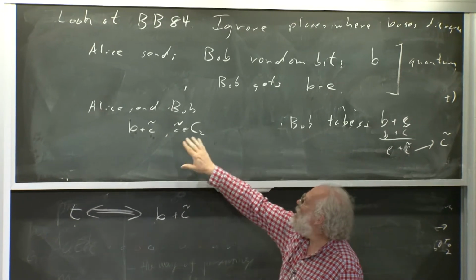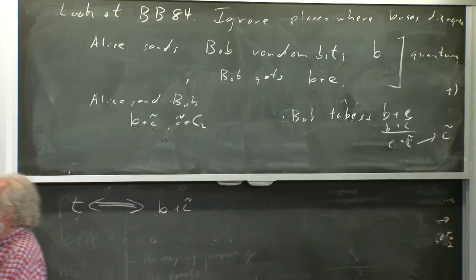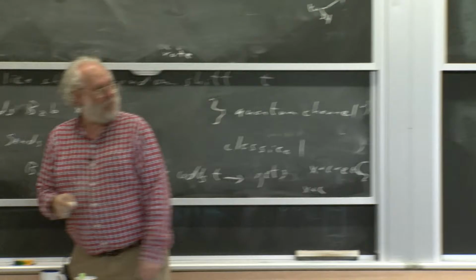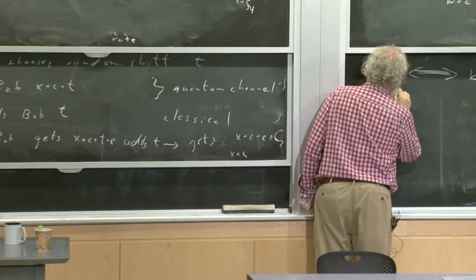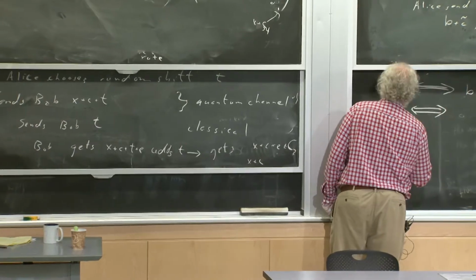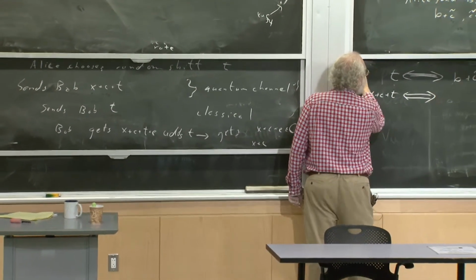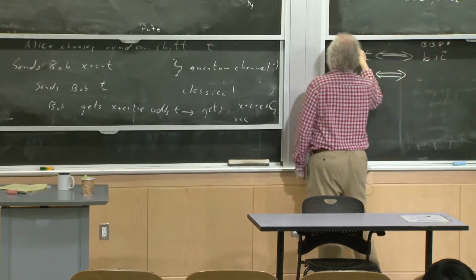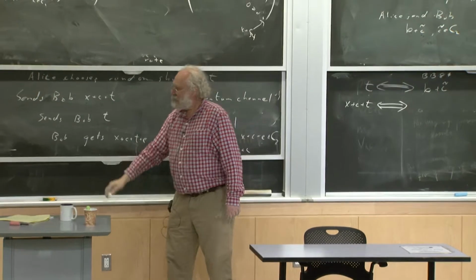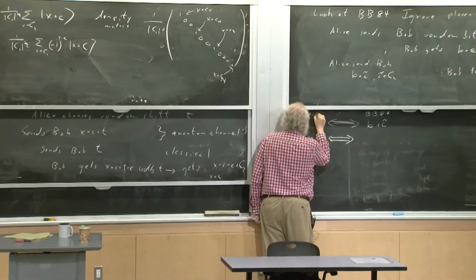So I guess B plus C tilde corresponds to T, and the thing she sent on the quantum channel was X plus C plus T. So this is BB84, and this is modified Eckert.